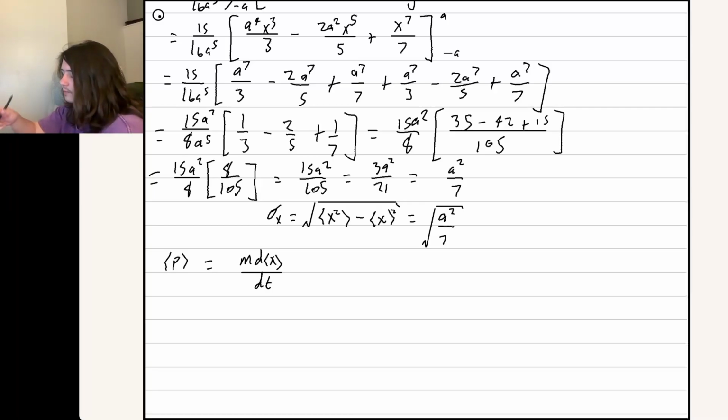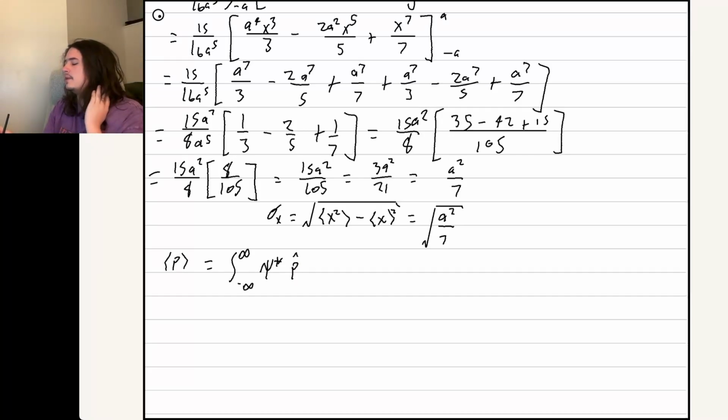But it's 0, and we can't really take an expectation value of 0. So the expectation value of p is the integral from minus infinity to infinity of your conjugate wave function times the momentum operator times your wave function, integrated over position.